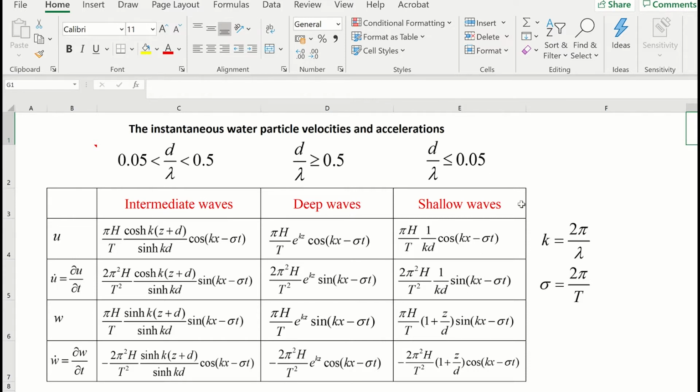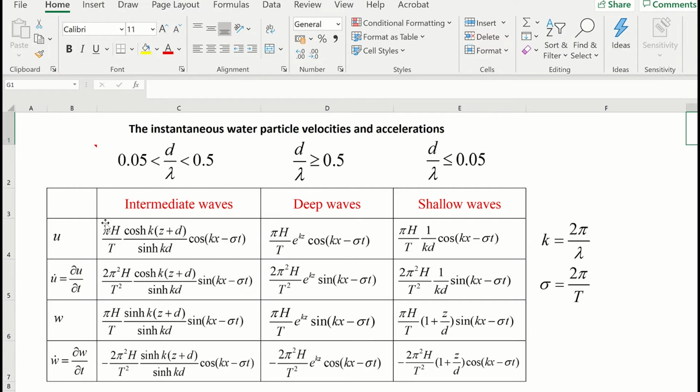These equations are obtained from the velocity potential function for linear wave theory. I don't show derivations, but this is how these equations are derived. First of all, the velocity potential function for linear wave theory is derived, and then equations for individual velocities, horizontal and vertical, and also individual accelerations are written.